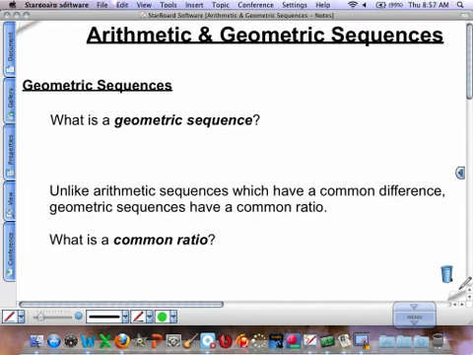Geometric. I'll go back to Cheyenne because she answered this one so perfectly earlier today. What makes it geometric? When the pattern is going up by... So again, we're repeatedly doing multiplication or division.